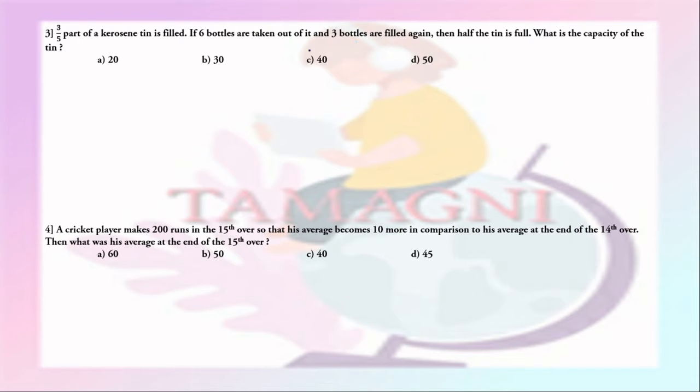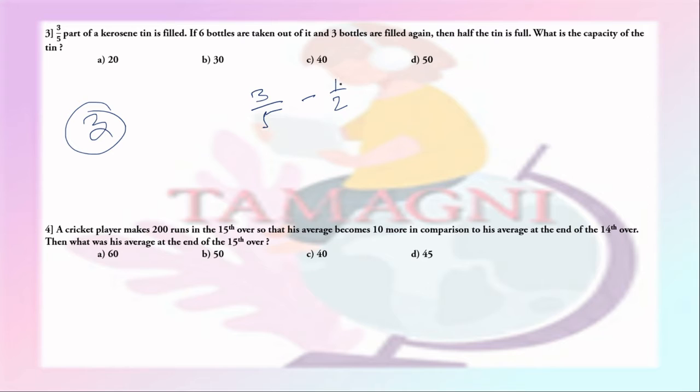So in short, 3 bottles are actually taken out, and for that half of the tin is full. So it was 3/5 before 3 bottles were taken out, and after taking out 3 bottles it becomes half.